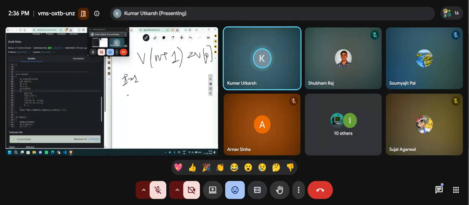We keep putting in the vector till it's less than n. But once n is filled, that is, we reach n and i is greater than n, we have a pointer to track how many times we have run the loop, which is c.